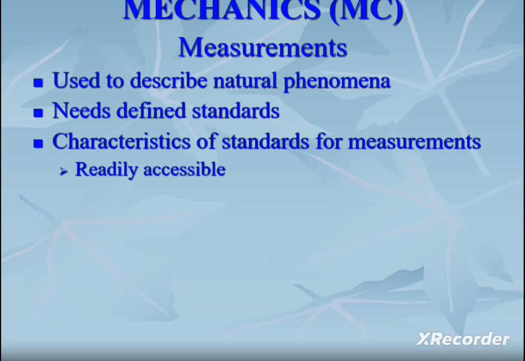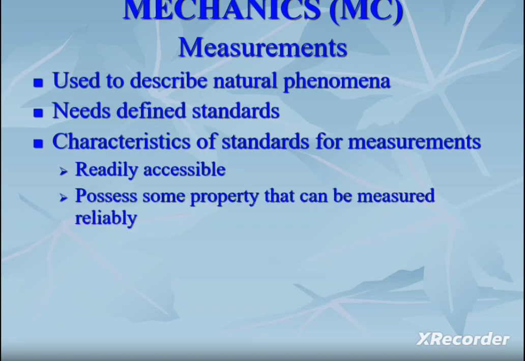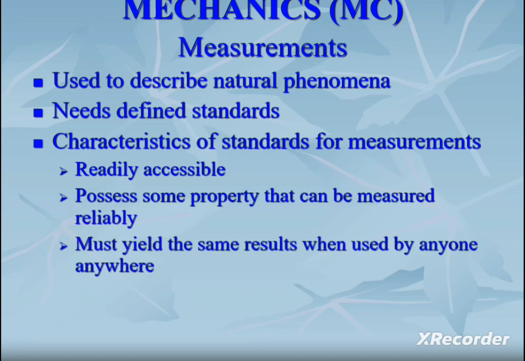So, the characteristics of standards for measurements. For you to say this thing is a measurement, what should it have? For you to say a meter is a standard measurement, what qualifies it, or what are the characteristics or attributes for such? We can say that standard measurements are those which are readily available.